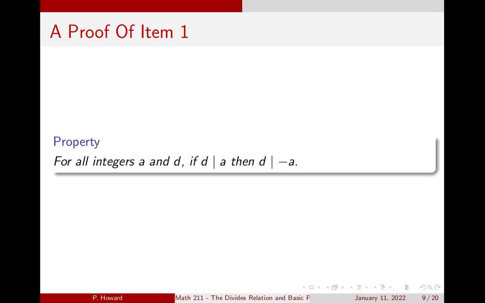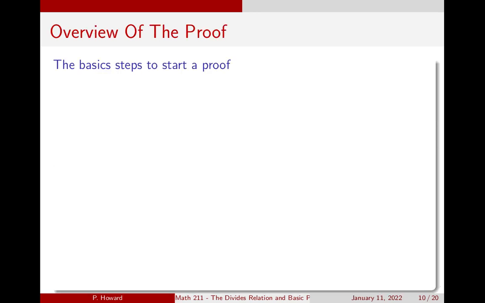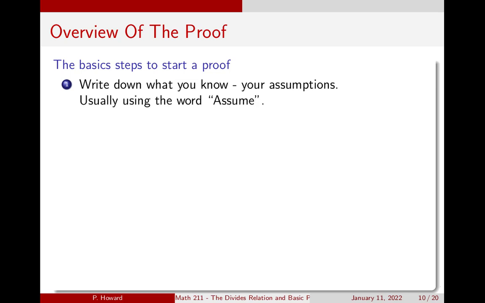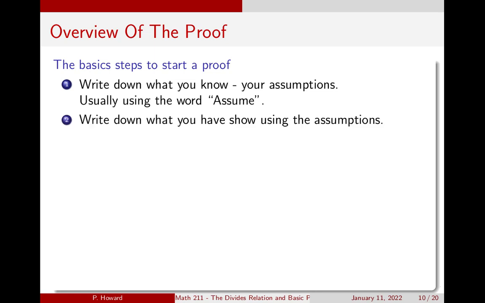A few preliminaries before we get to the proof. Here are some basic steps to get a proof started. First, write down what you know, your assumptions. Usually you'll begin those with the word assume. Second, write down what you have to show using the assumptions.